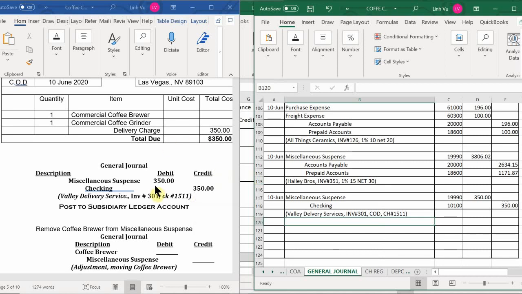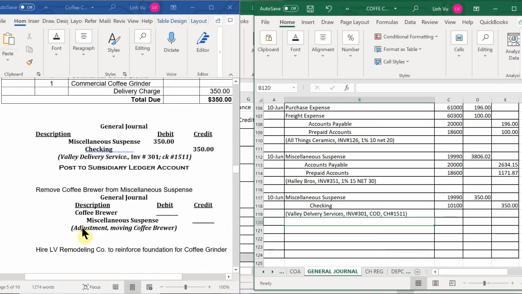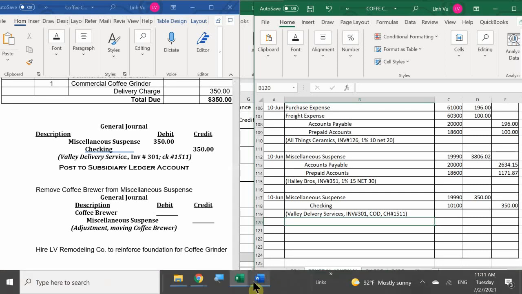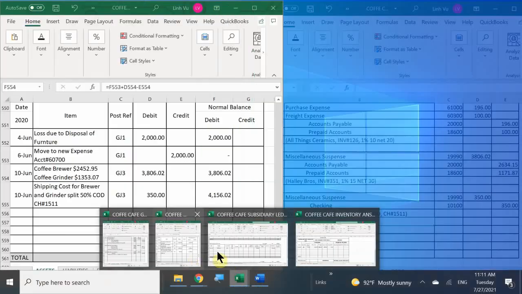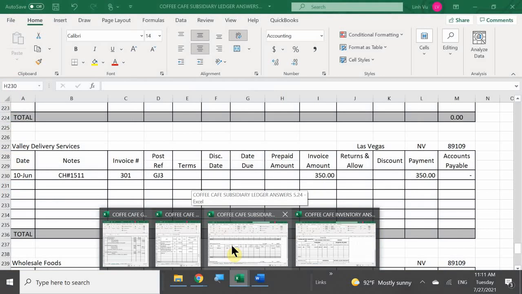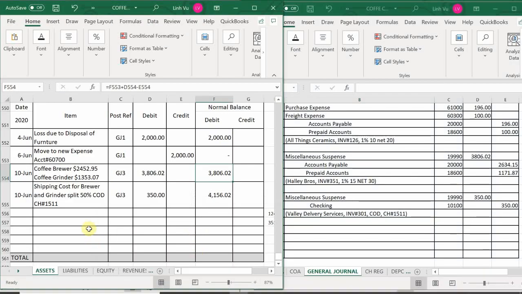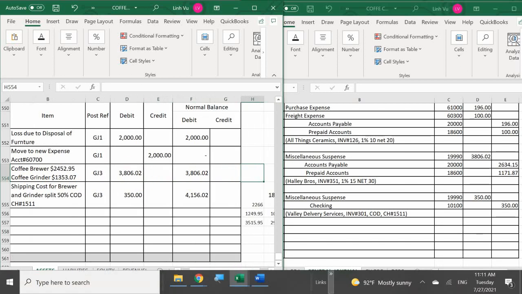We need to split the shipping amount, the $350 divided by 2, because 50% is going to go to the coffee brewer itself. So we're removing it from miscellaneous expense, which means I'm going to be crediting my miscellaneous expense because I am taking it out from it. Now, let's determine what the total amount is that I'm going to be taking out from the miscellaneous expense.